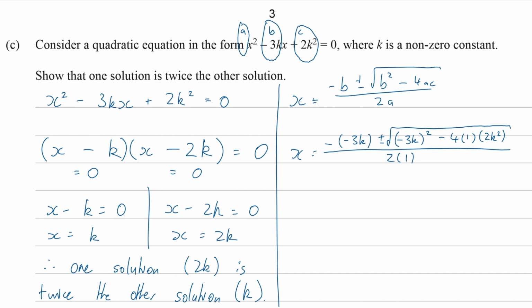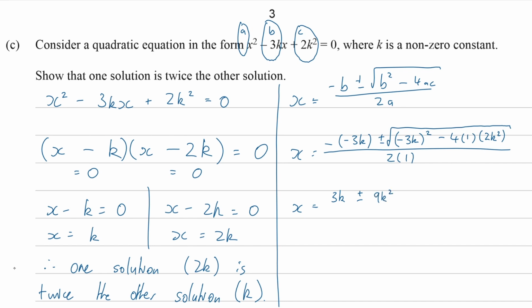So let's do that. Negative 3k. So there's actually a hidden times there. So when we times two negatives, that becomes a positive. Plus or minus negative 3k squared will become positive 9k squared.